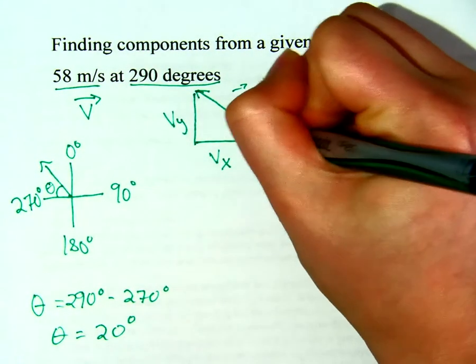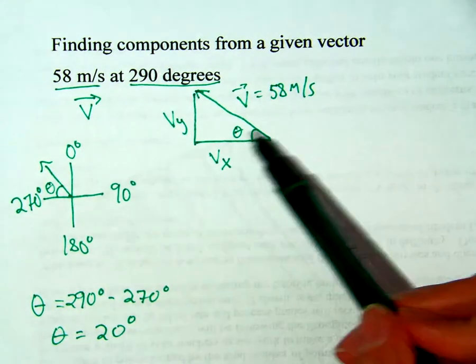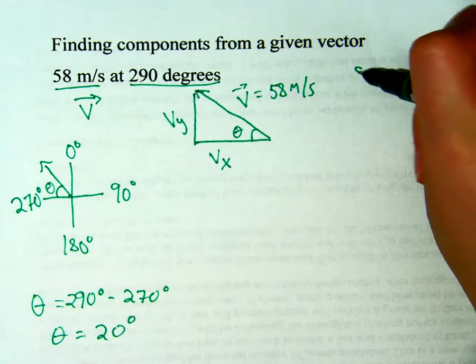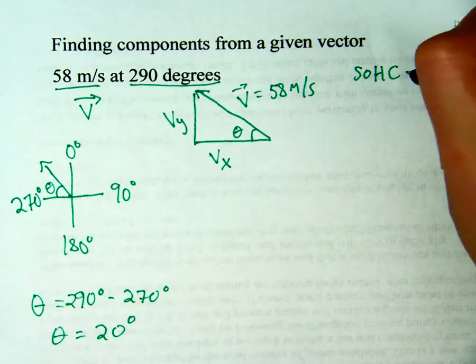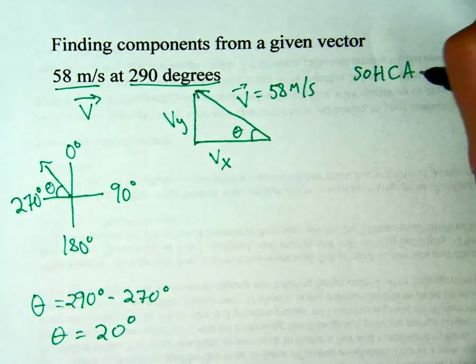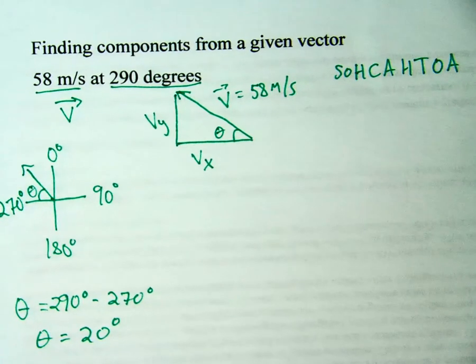The angle here we already figured out was 20 degrees, but this is how this angle correlates. This is when SOHCAHTOA comes in handy. SOHCAHTOA: sine is opposite over hypotenuse, cosine is adjacent over hypotenuse, and tangent is opposite over adjacent.